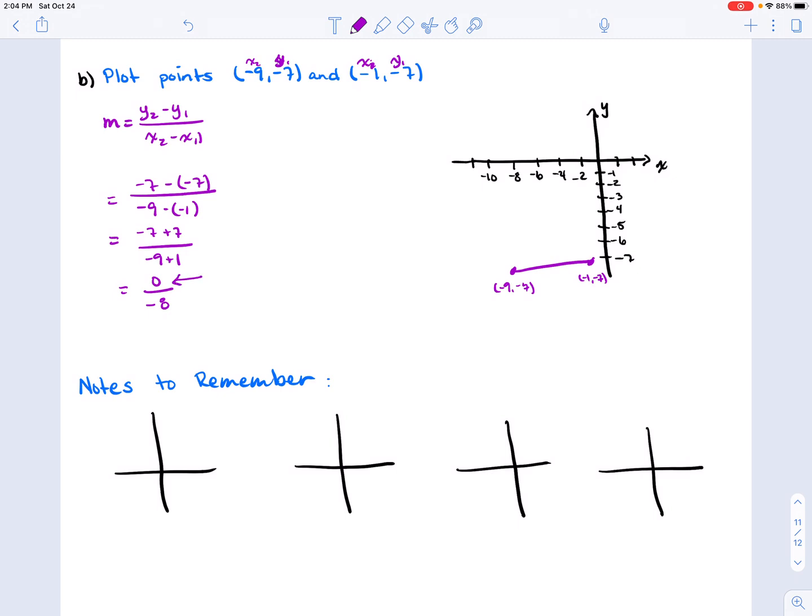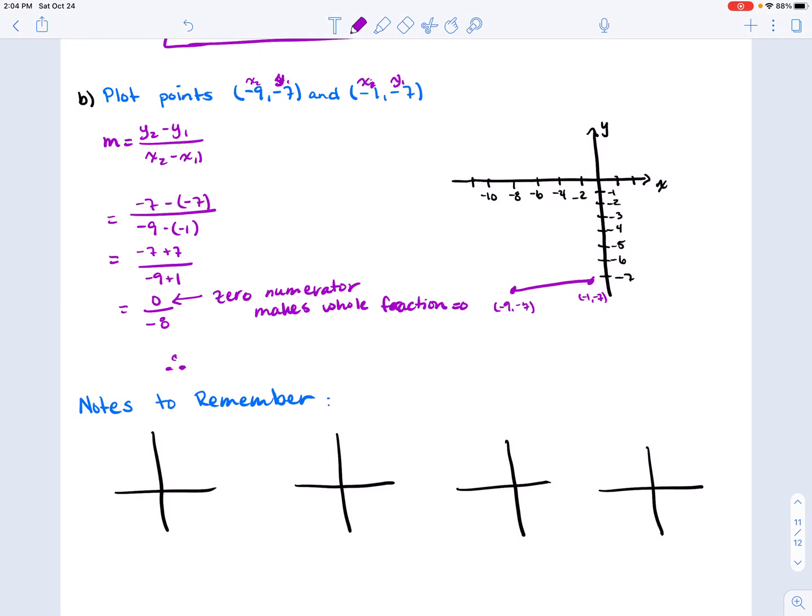Well, I know that with 0 in the numerator of my fraction, it makes the whole fraction equal 0. So therefore my slope is 0. So I have vertical lines with a slope of undefined, and horizontal lines with a slope of 0.